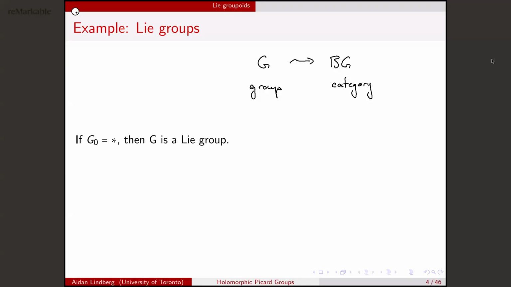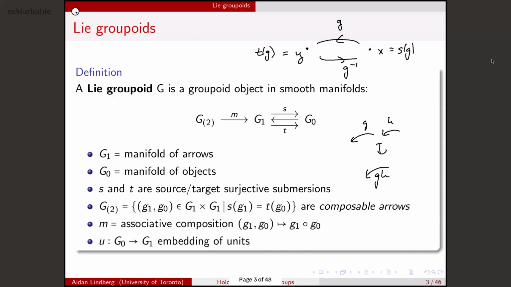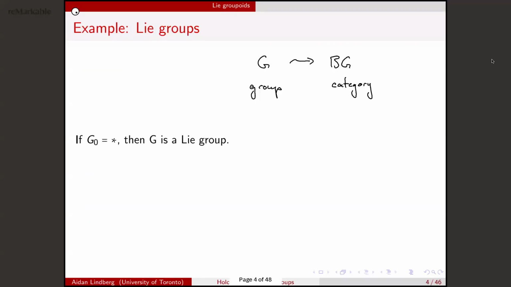And if G is a Lie group, then this category that you build out of it is going to be a Lie groupoid if you just look at the axioms. So if your objects are just a single point, then a Lie groupoid is just a Lie group. In general, a Lie groupoid is going to be a generalization of a Lie group where we have many objects.